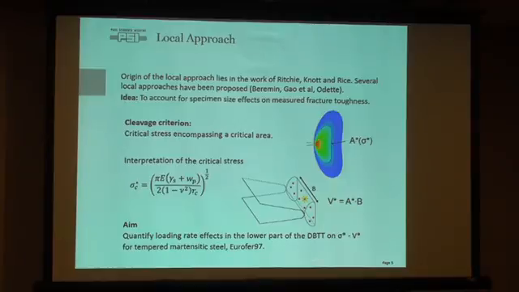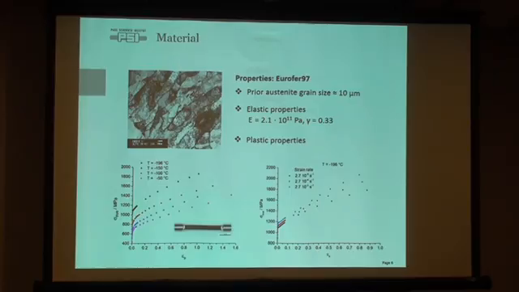And here I just want to say again that we want to investigate, on this local approach, the loading rate effects as well as the temperature in the lower part of the ductile to brittle transition region.